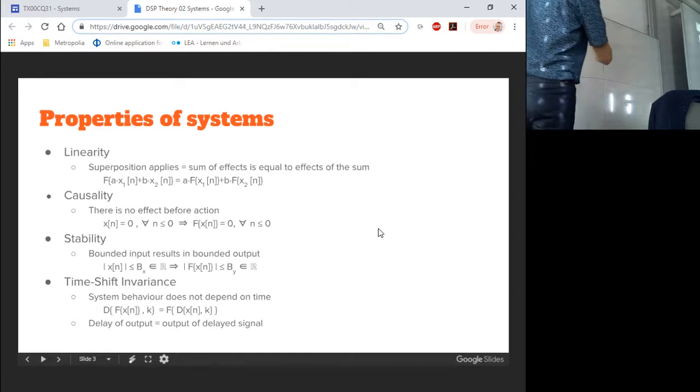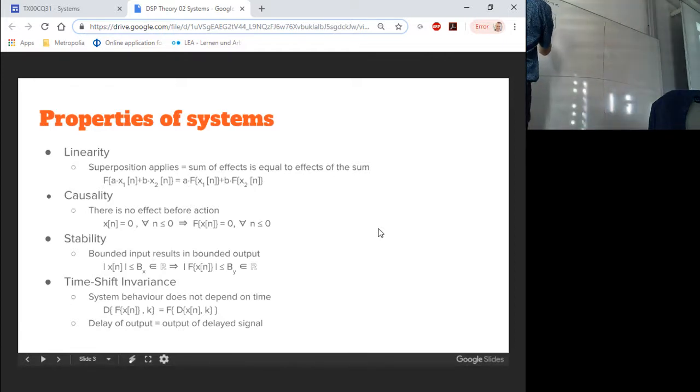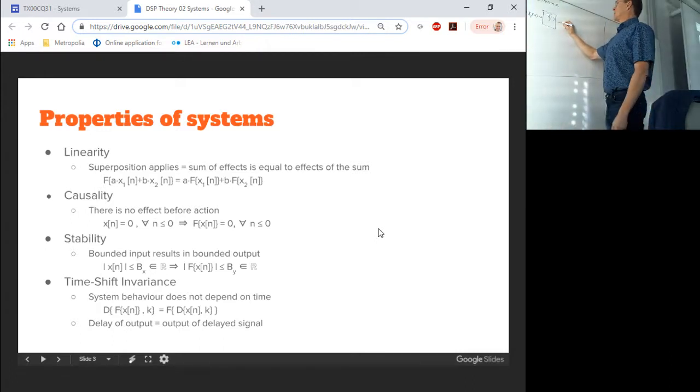So what that superposition principle actually means is that if you have a signal going in which is a combination of 2 weighted signals, any arbitrary 2 weighted signals x1 and x2, weighted with different scaling parameters A and B, then what comes out should be A times the signal 1 output plus B times the signal 2 output. Okay.